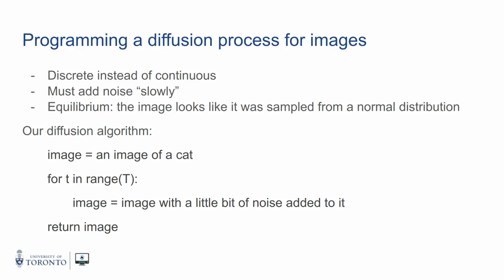So just standard Gaussian with mean 0 and standard deviation 1, right? And what we're going to want to do is define a process to go from our regular images of cats slowly to an image that looks like it was sampled from a normal distribution, or is approximately in equilibrium. This kind of makes sense?